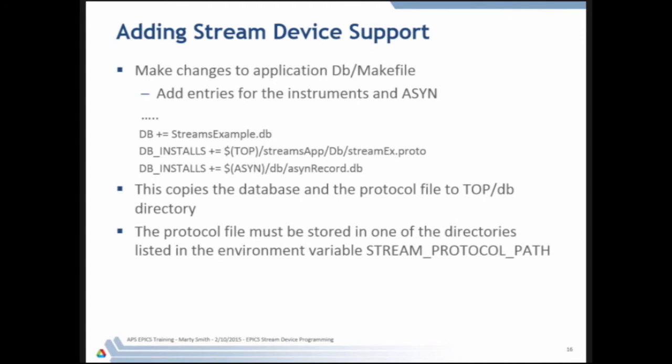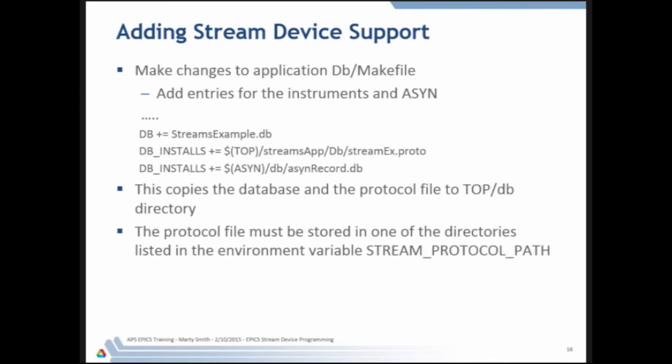And once you've done that, then you can go into your db makefile and add entries for the database. And then on the next line there, you can see the actual protocol file, which I tend to keep in my application db directory. And then the DB installs will install it in the top directory of your application, in the top db.